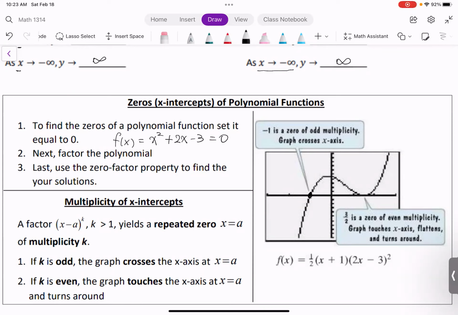So make it equal to 0 and factor this polynomial. That's x plus 3 times x minus 1 equal to 0, and use the zero factor property to find the solution. The first factor equals 0, the second factor is 0: x plus 3 is 0, x minus 1 equals 0, so x equals negative 3, x equals positive 1. So these two are the x-intercepts of the function.